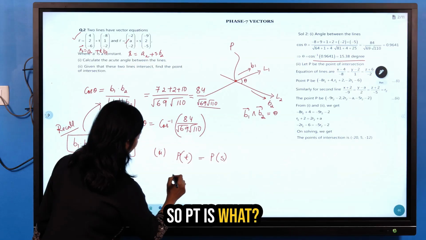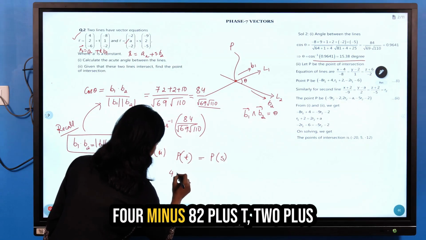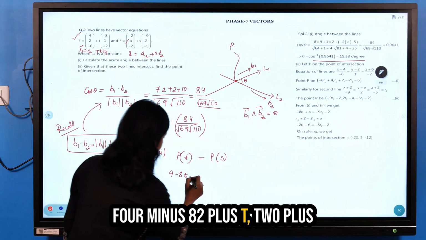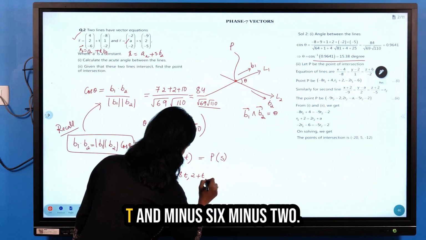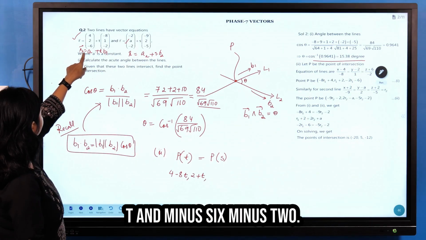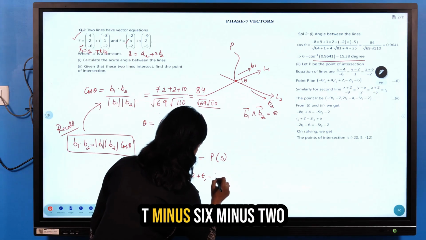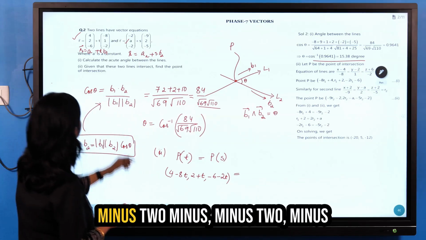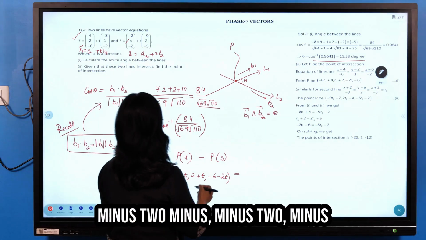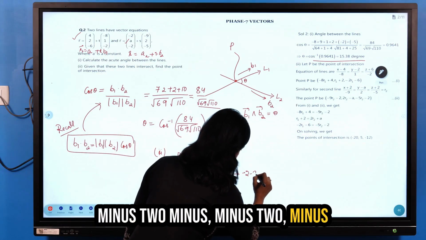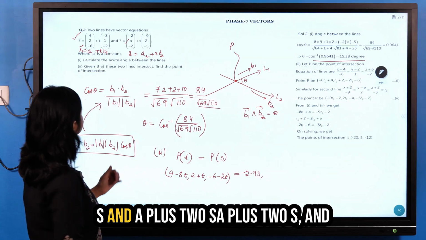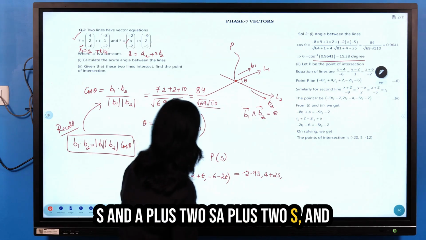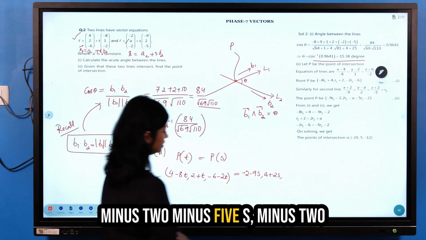So PT is (4 minus 8T, 2 plus T, minus 6 minus 2T). And this is equal to (minus 2 minus 9S, A plus 2S, minus 2 minus 5S).